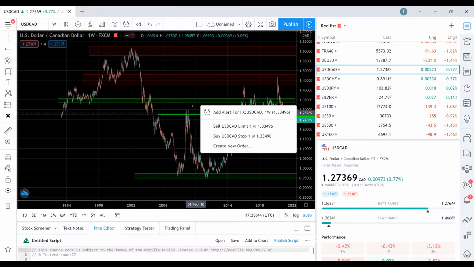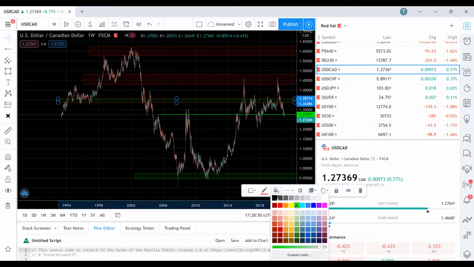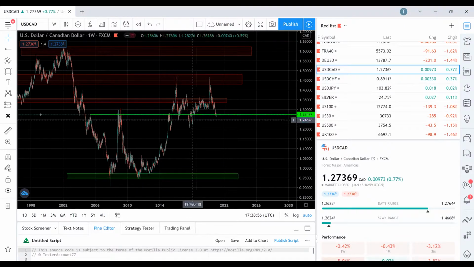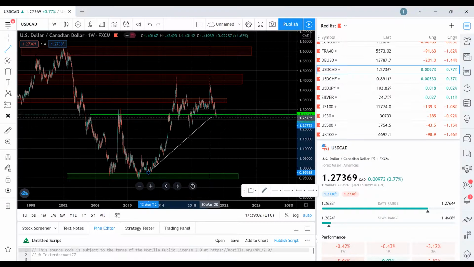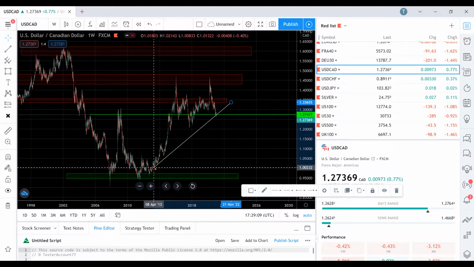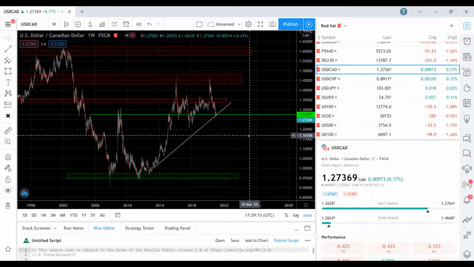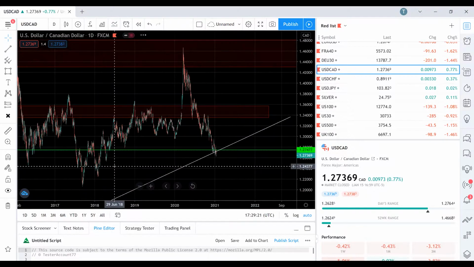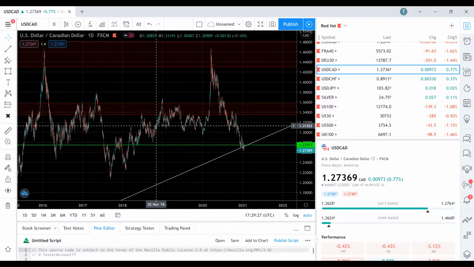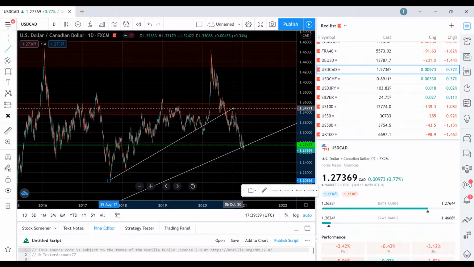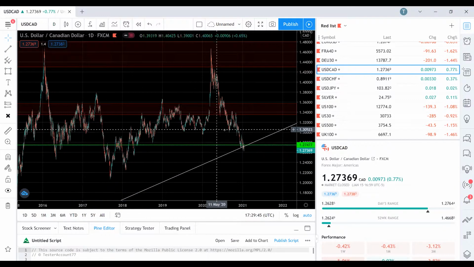Sell zone here. Trend support here. Move to the daily. Looks like we're at trend support and support here on USDCAD, so I'm definitely going to be watching for a break lower or a bounce.